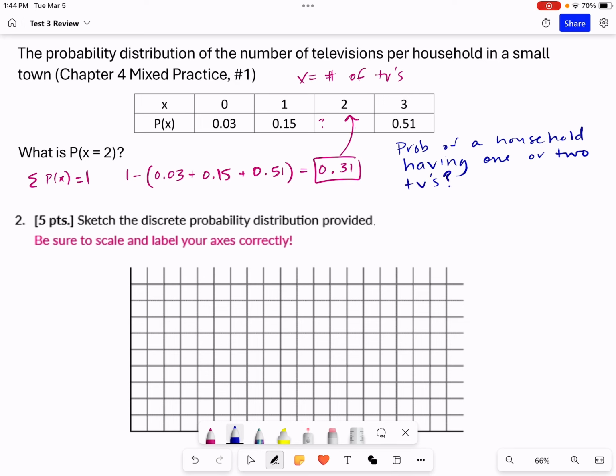There we go. And so that would just be, what constitutes 1 or 2. It's those two together. So the probability that x equals 1 or 2, I would add 0.15 and 0.31. Remember, that's the nice part of the discrete random variable, is that everything is disjoint. So all I have to do is add. I don't have to worry about there being any overlap, because you can't. Someone can't have exactly 1 and exactly 2 televisions in their household.